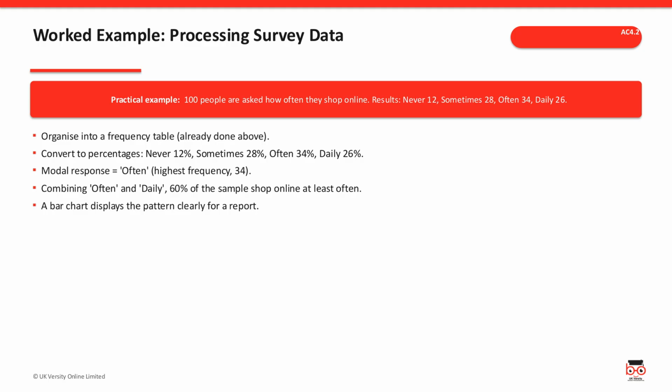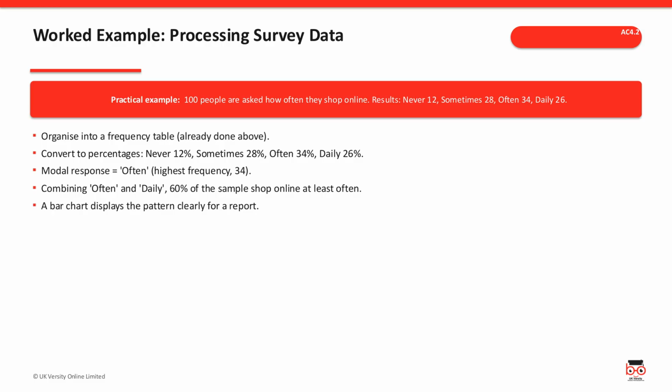Let's process some real survey data. 100 people are asked how often they shop online. Never 12, sometimes 28, often 34, and daily 26. We've already got the frequency table, so convert to percentages, and because there are exactly 100 people, the counts read straight across. 12% never, 28% sometimes, 34% often, and 26% daily.